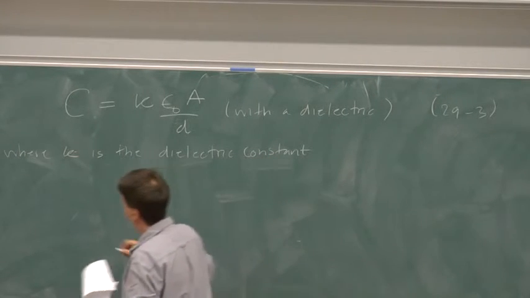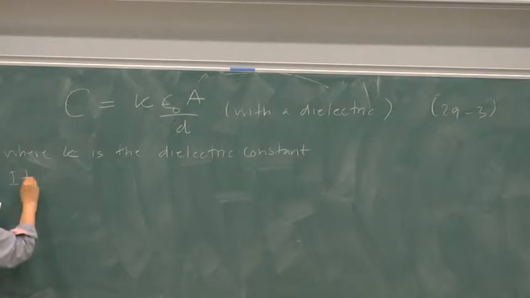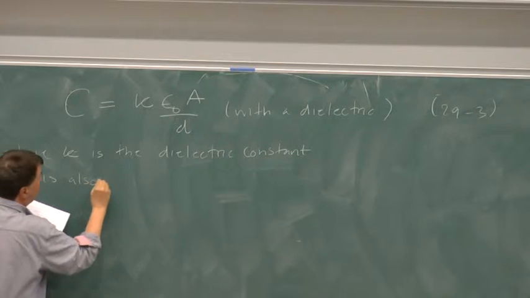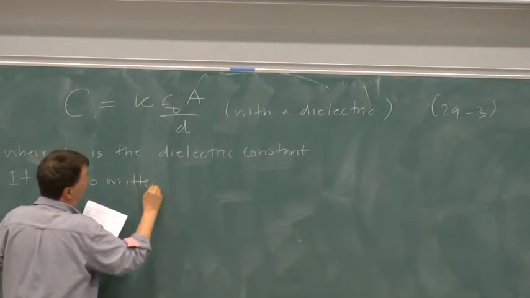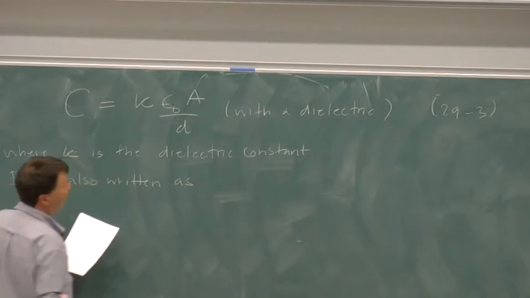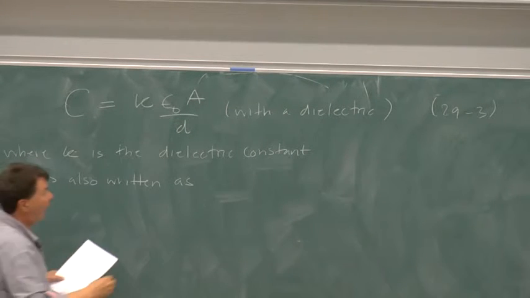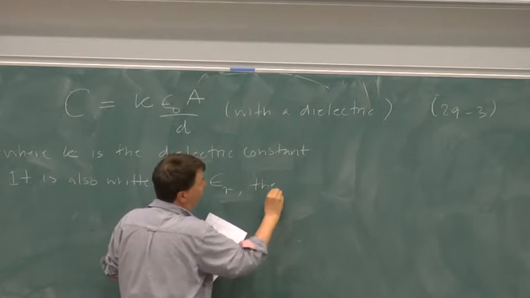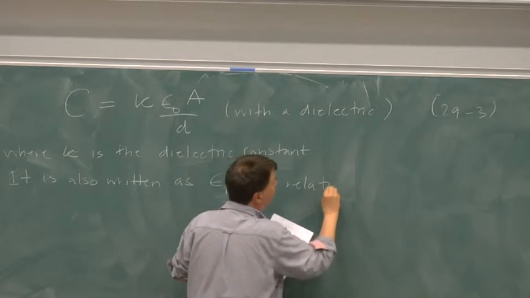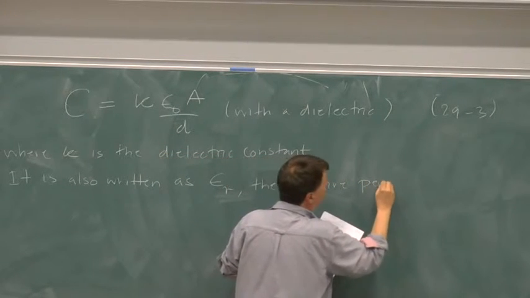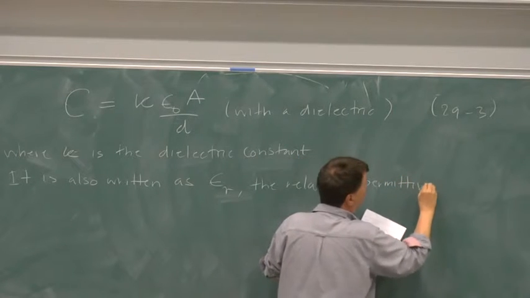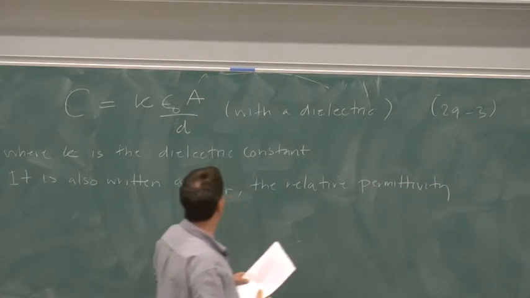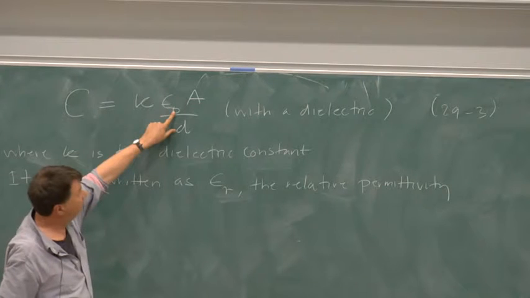This constant is also written, and this is entirely interchangeable, there's no difference, as epsilon r, the relative permittivity. This, of course, is the permittivity of free space.